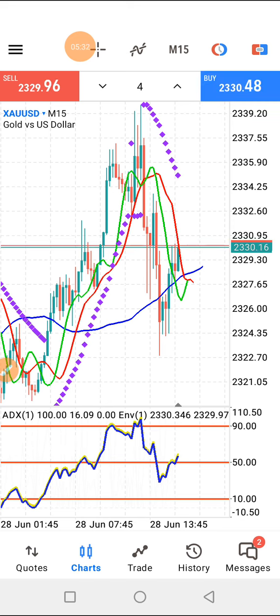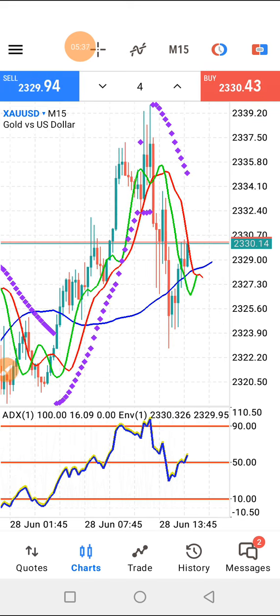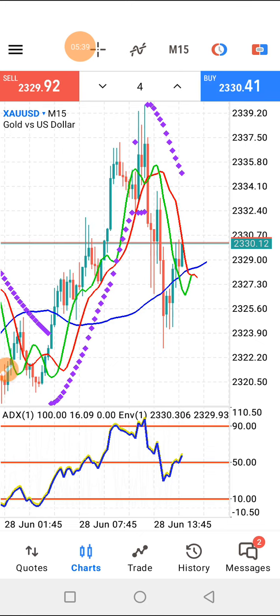This strategy combines 4 different indicators: 2 indicators in the main chart, then 2 indicators in the window 1. We have the parabolic SAR and the alligator in the main chart, while in the window 1, we have the ADX and the envelope indicator.